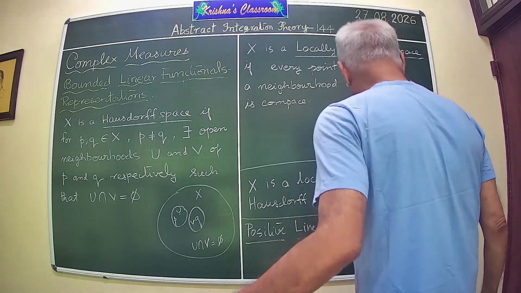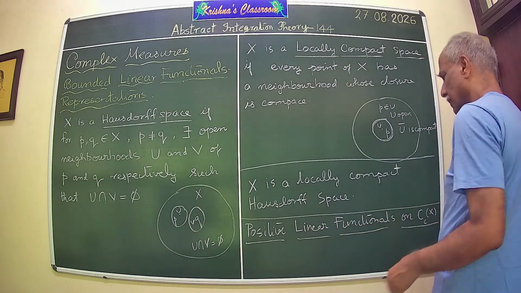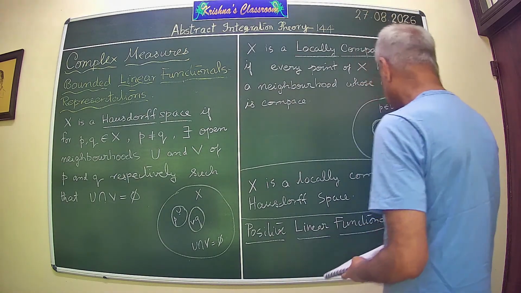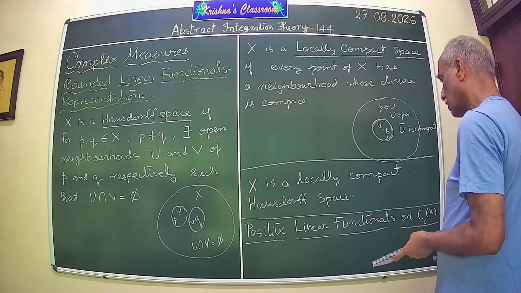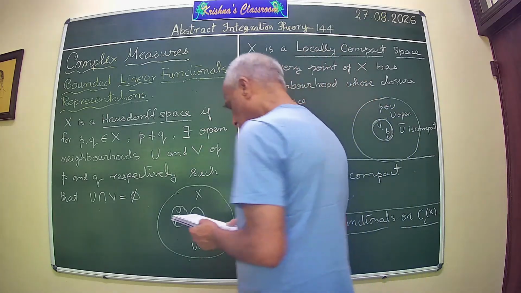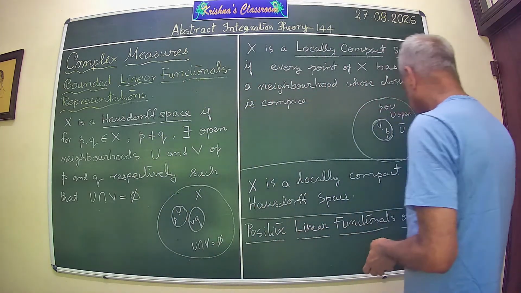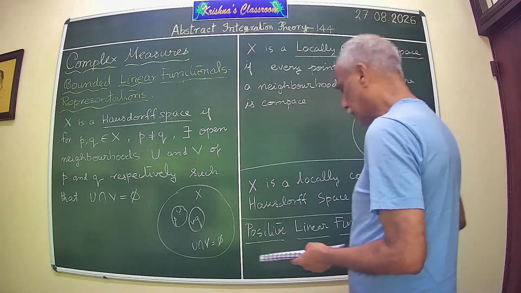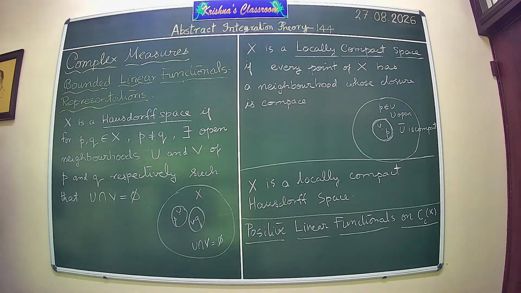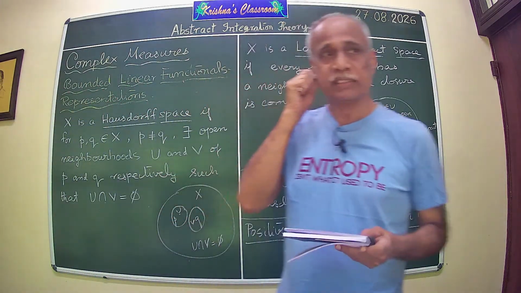We can talk about complex valued continuous functions on X, where X is a locally compact Hausdorff space, with the compact support, that is the notation for CCX. So CCX is the set of all continuous functions defined on X with compact support.